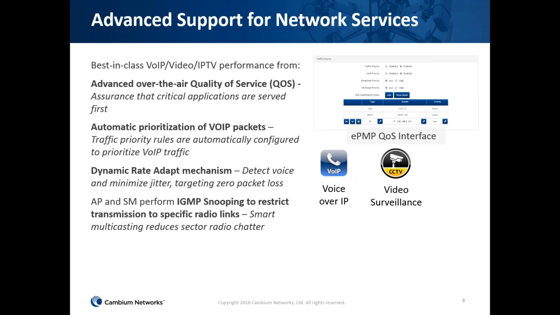But if your network equipment doesn't know who those users are, it has no choice but to flood that high throughput traffic to every user. So we handle that in ePMP by snooping on the requests that the end devices send back to the application that say, hey, I want to join this group and watch this video, and we restrict that video traffic to only those radio links.